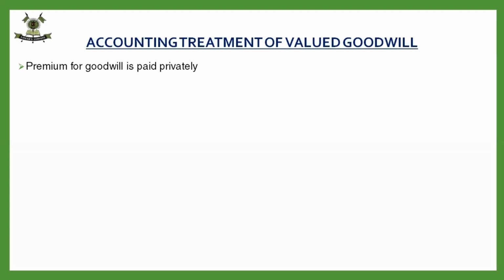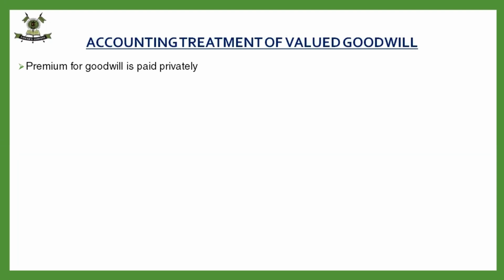So first is that he pays the premium privately. Privately means that the payment is not being routed through the books of the firm. He is paying it separately to the old partners. Suppose I am being admitted to a firm where A and B are partners. I don't pay the premium for goodwill through the books of the firm. It is not recorded in the books of the firm.